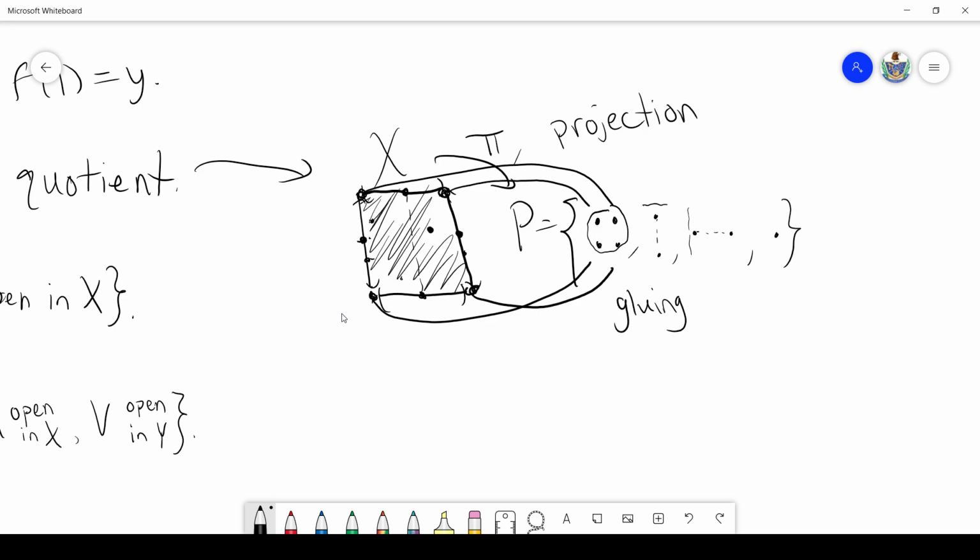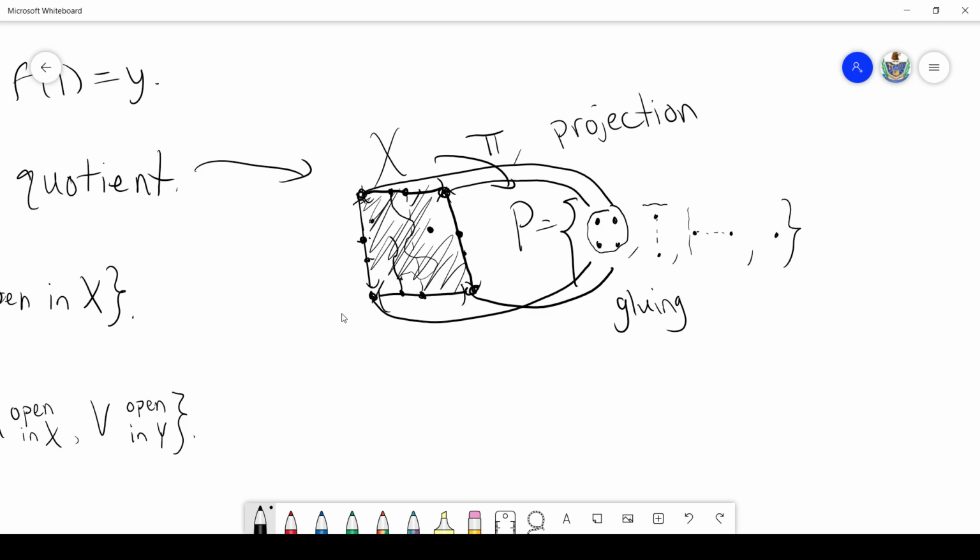And so what we can do now is essentially trace along, if we're traveling along X, and we hit this edge here, then we would end up right here if we were traveling in P. So P is essentially this square now, but instead of having a boundary, you can travel through the edges. And if you hit a corner, you would just end up continuing in whatever direction you were traveling.